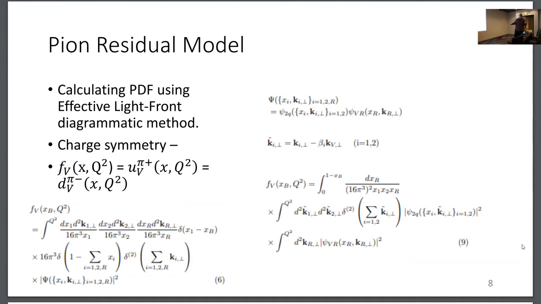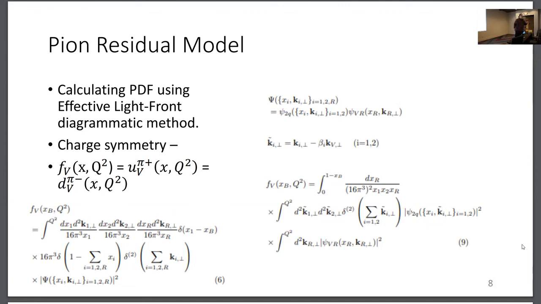So we want to have that charge symmetry for both. It would have to be different, right?